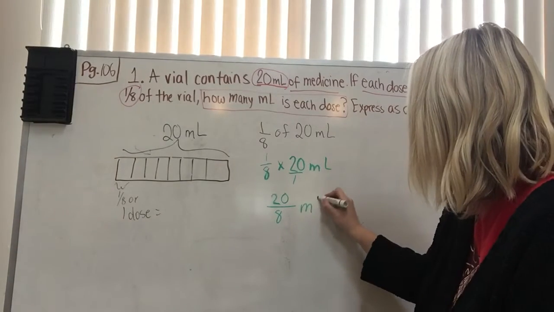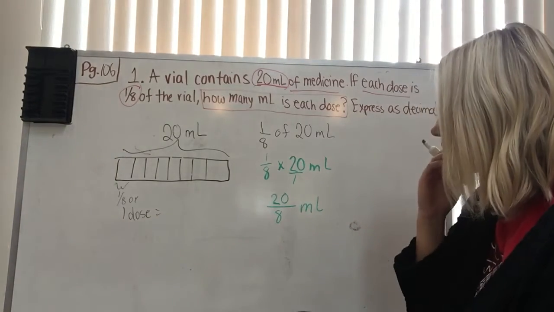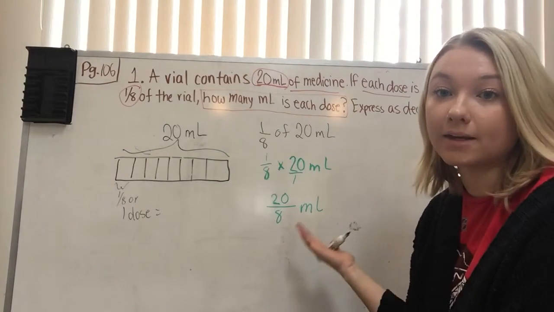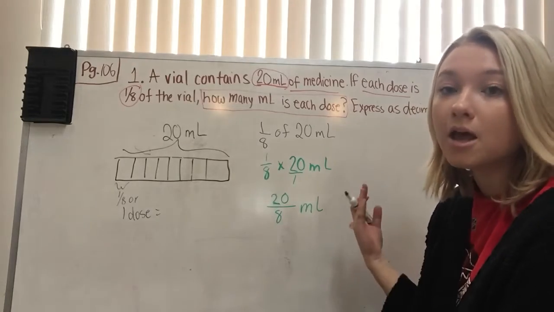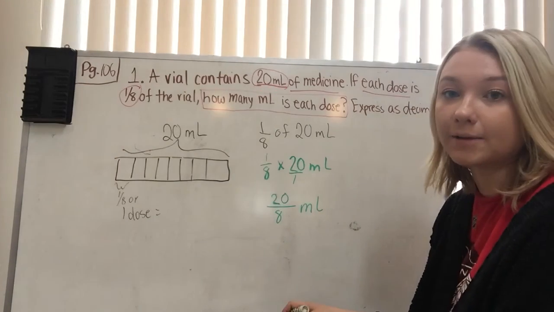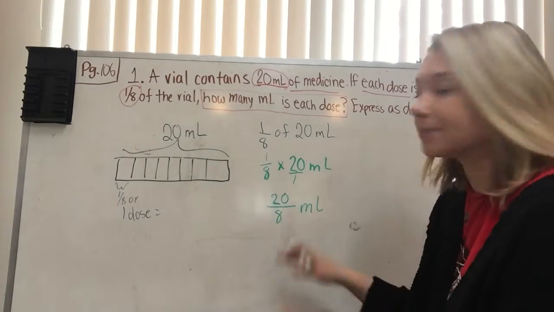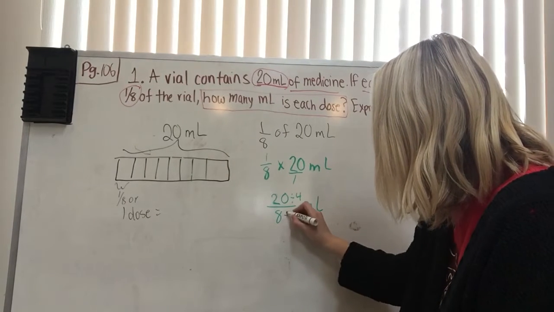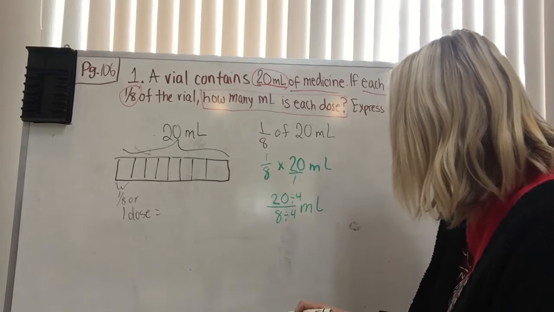And then milliliters. Now that we have 20 over 8, I'm going to simplify that because both of these numbers can be divided by 4. So I'm going to divide each number by 4. So 20 divided by 4 and 8 divided by 4.